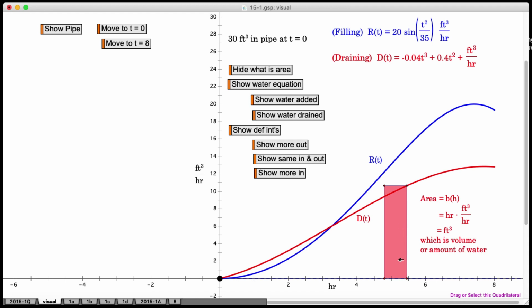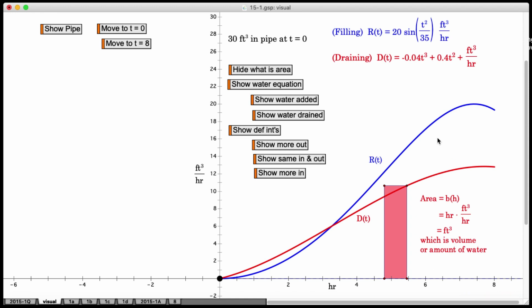The area of the rectangle would be base, which is in hours, times height, which is in feet cubed per hour. If I multiply these, the hours cancel out and I get feet cubed. So the area under these curves is a volume, which is an amount of water.